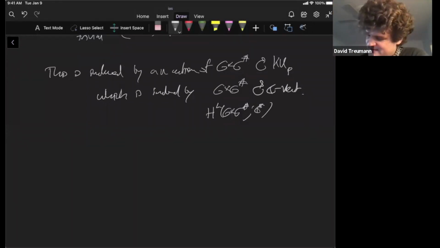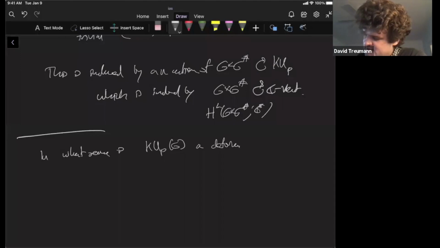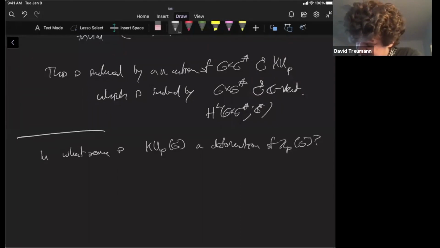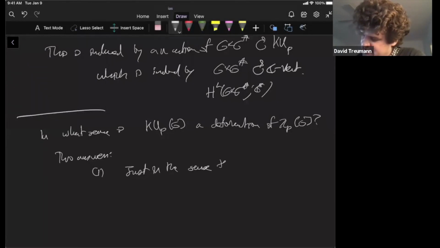I said, maybe this counts as a difference. So in what sense is KUPG a deformation of ZPG? Let me give two answers. One of them is just in the sense that KUP is a deformation of ZP, or maybe of HZP.